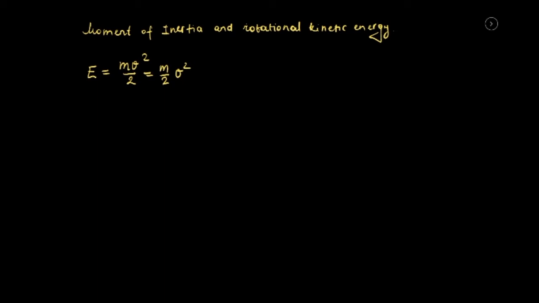However, in rotational motion, for example, when we consider a rotating disk, the angular velocity is the same at each point, so omega is constant for a rigid body. So we have to find a way to write this kinetic energy in terms of omega, not in terms of v.